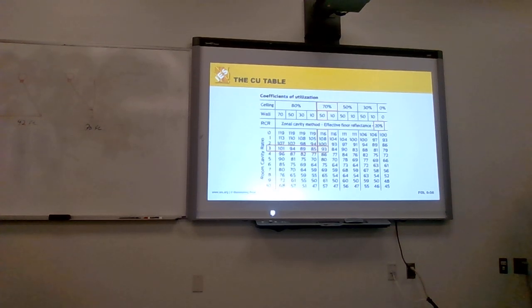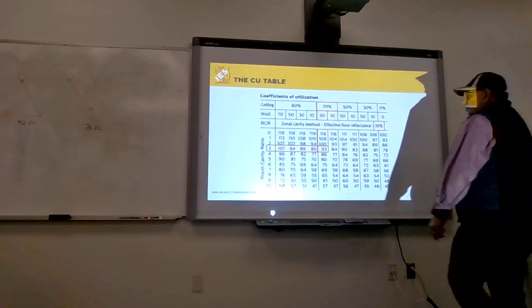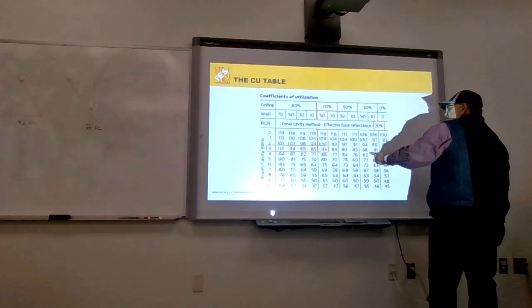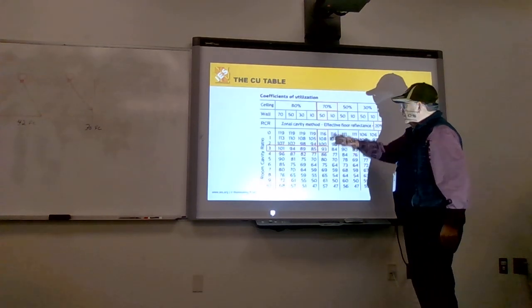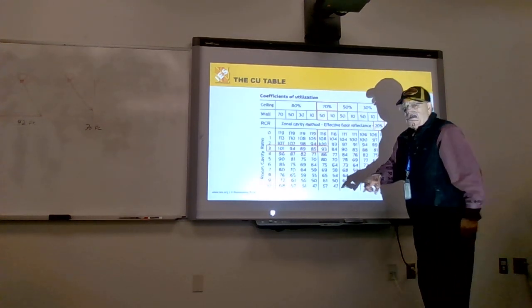Okay, so to ensure an understanding of how to read a coefficient of utilization table, assume the room cavity ratio is 3, and the ceiling reflectance is 70%, and the wall reflectance is 50%. So room cavity ratio 3, so we're in this horizontal section.